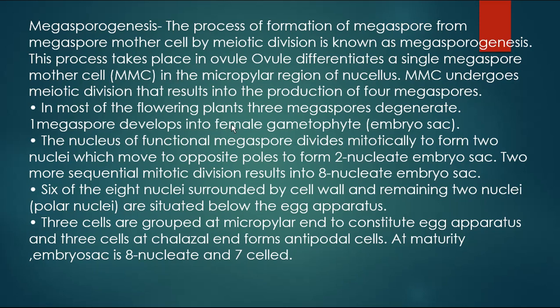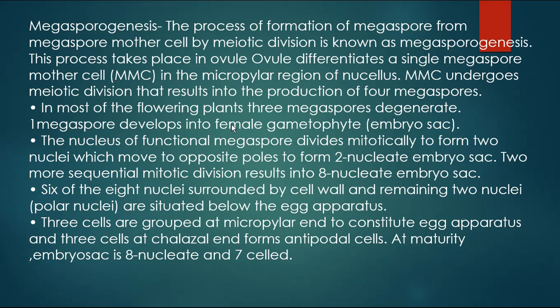It is of interest to note that these mitotic divisions are strictly free nuclear, that is, the nuclear divisions are not followed immediately by cell wall formation. After the 8 nucleate stage, cell walls are laid down, leading to the organization of the typical female gametophyte or embryo sac.